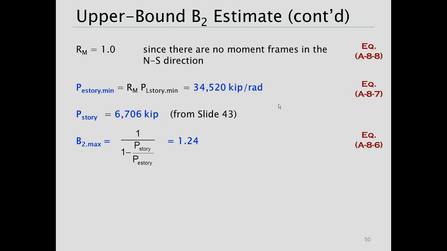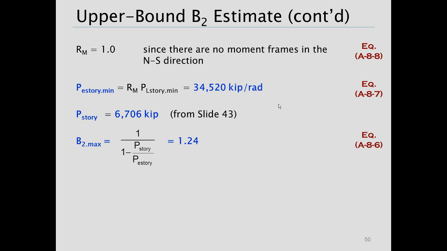So to summarize, given our story stiffness, we can calculate an upper bound estimate of our sideway amplifier. Looking back at the equations from Appendix 8 in AISC that we've been talking about earlier, since there aren't any moment frames in the north-south direction, R sub m would be 1.0. There are no moment frames, so it's just 1. P sub E story minimum would be R sub m times the PL story, so equal to PL story. The PL story that we tallied up earlier, 6,706 from slide 43.